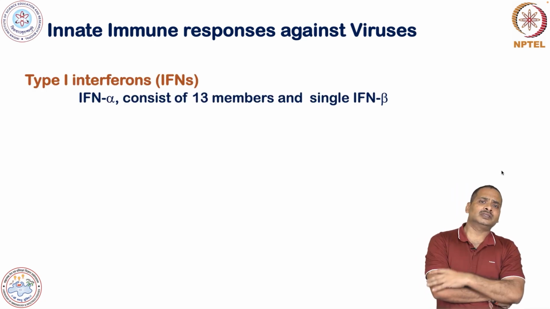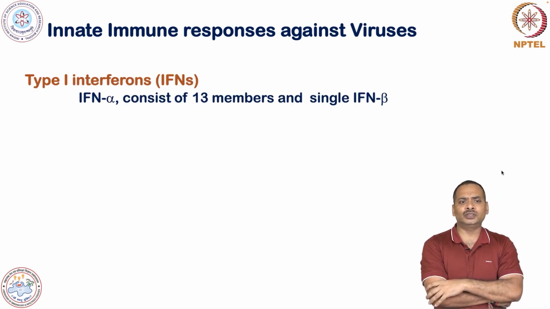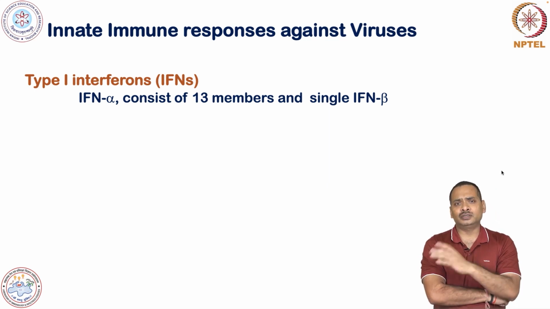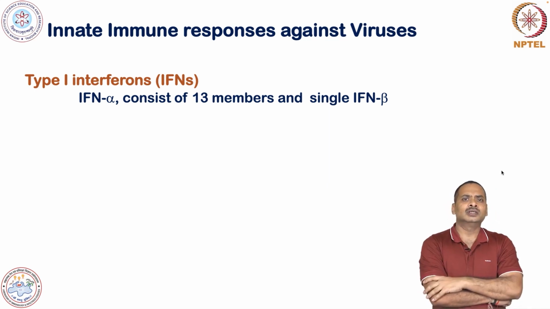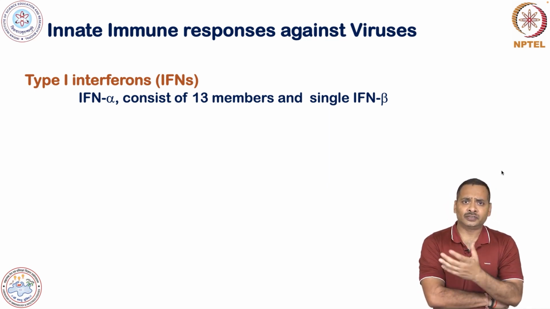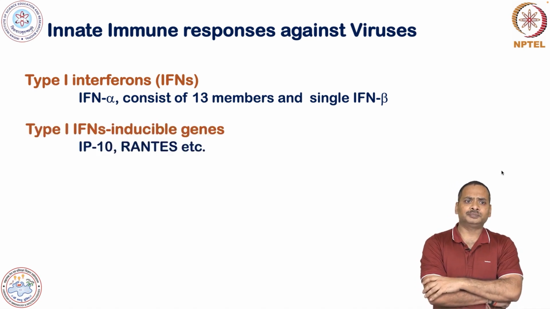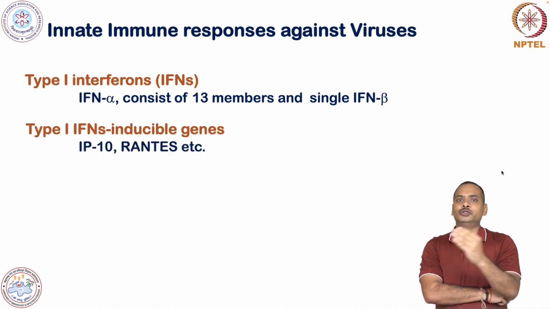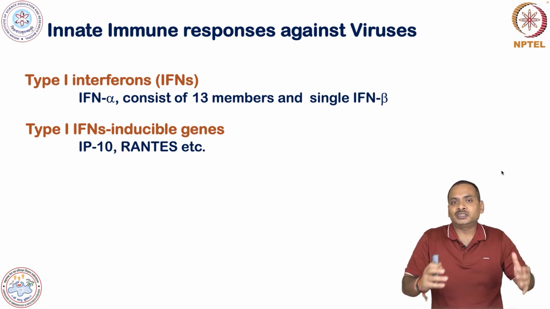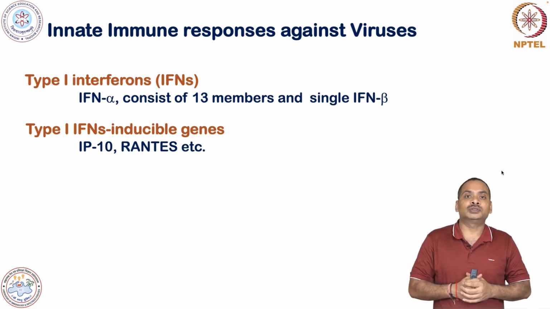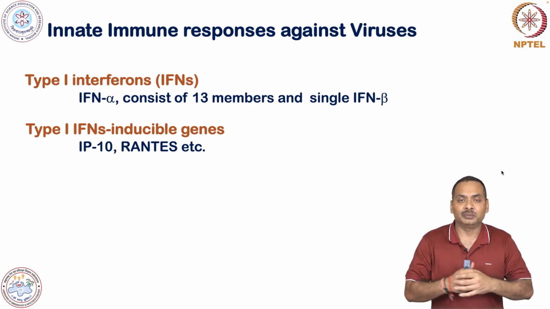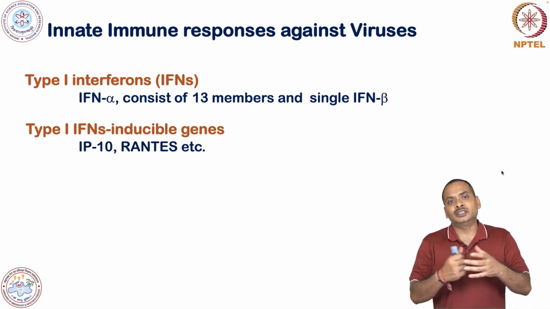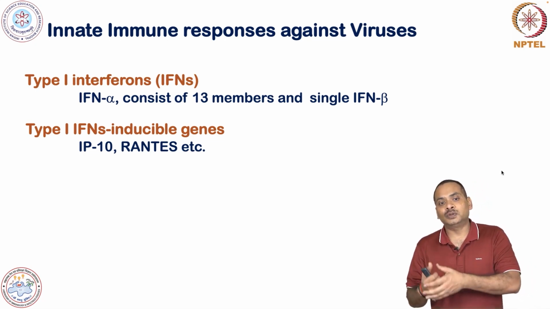Here, as I told you, there is type 1 interferon, which consists of interferon alpha, which has 13 members, and one interferon beta member. There are type 1 interferon inducible genes. When type 1 interferon is produced in a reasonable amount, it will trigger the interferon inducible responses.